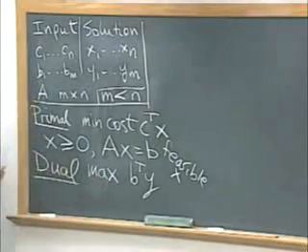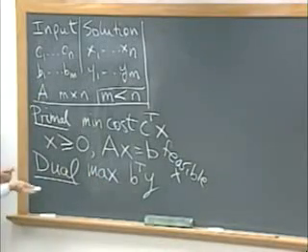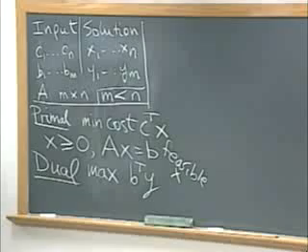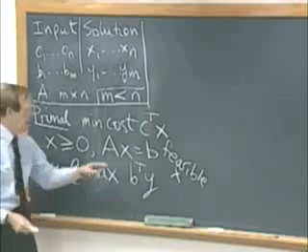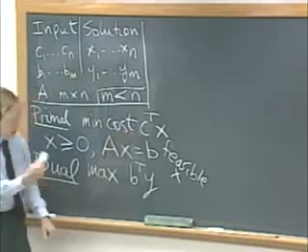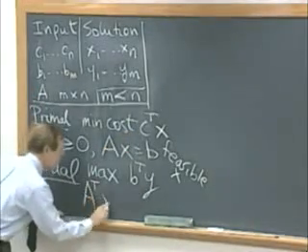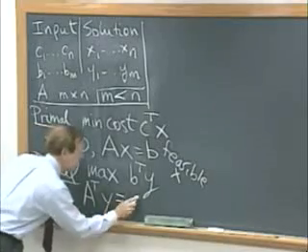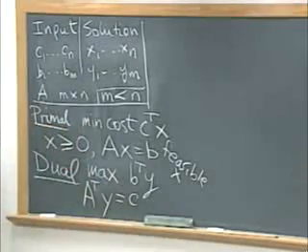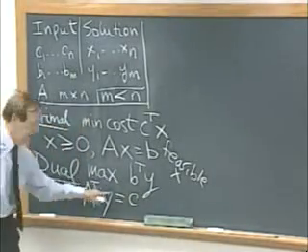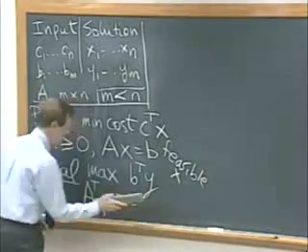And what are the constraints on this? Well, not to anybody's surprise, A transpose is going to show up. And this vector c is going to show up on the right-hand side. So it'll be A transpose y equals c. Okay, have I got that right, or do I want greater than or equal? I bet I want greater than or equal.